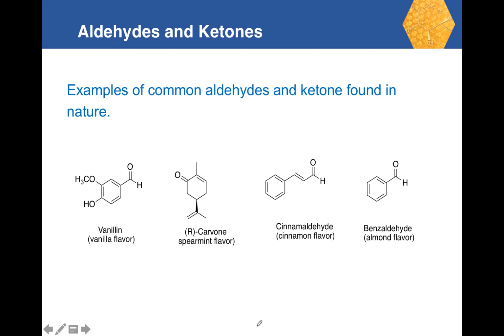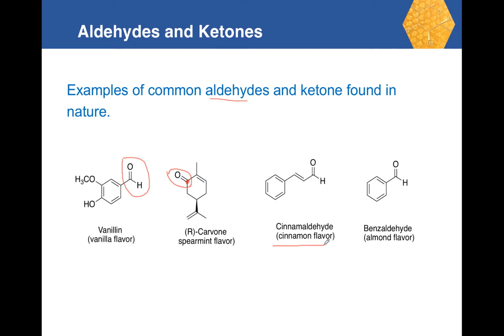Here are some examples of aldehydes and ketones. This is an aldehyde, and it's vanillin, which is a vanilla flavor. Carvone, which is spearmint flavor, is a ketone. That's a ketone because there is no hydrogen bonded to the carbon of the carbon-oxygen double bond.